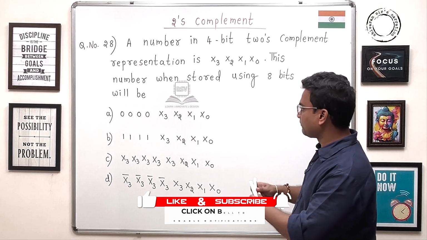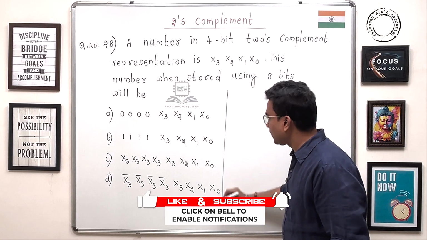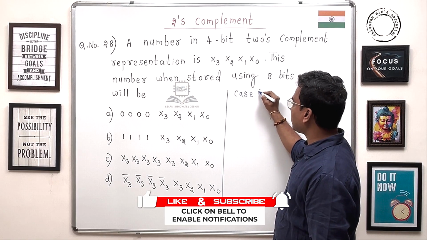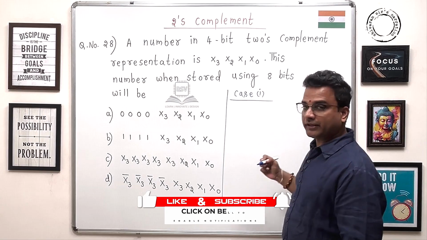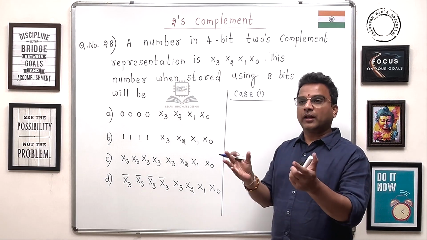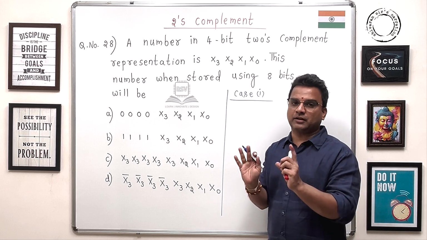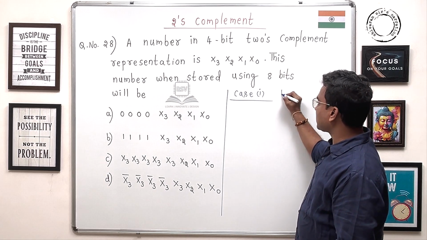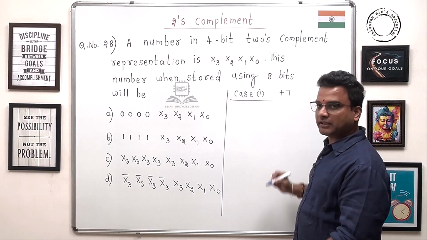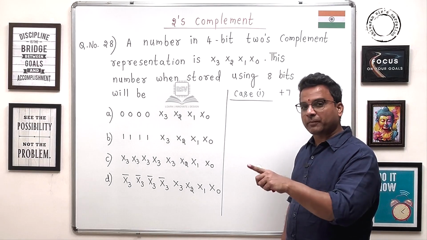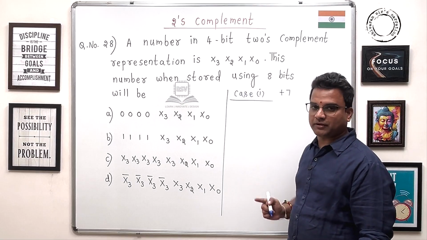Let's assume case 1, a positive number. If it is a positive number, what is the procedure to use 4 bits and 8 bits? Let's consider plus 7. This is your decimal number. Then what is the 2's complement representation for this plus 7?